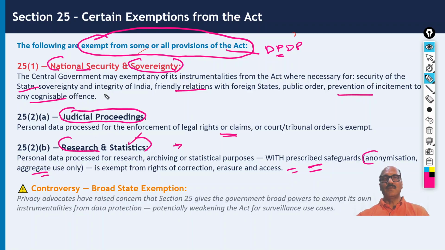Judicial process and national security examples, if I have to give, research, right, like the FBI abroad, we have the Research and Analysis Wing, RAW. They deal with suspected persons who potentially are going to cause harm to national security and sovereignty.